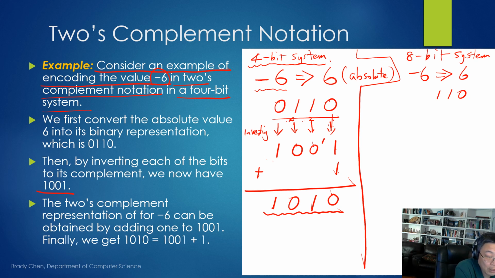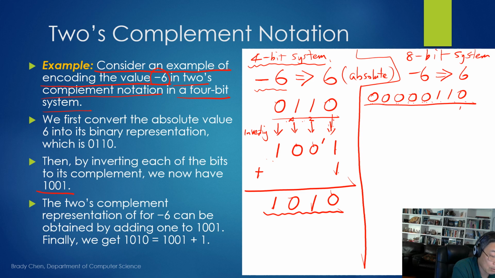Because we're going to store it in an 8-bit system, we have to fill in the zeros in the most significant bits. We need to fill the zeros to make the total number of bits 8.